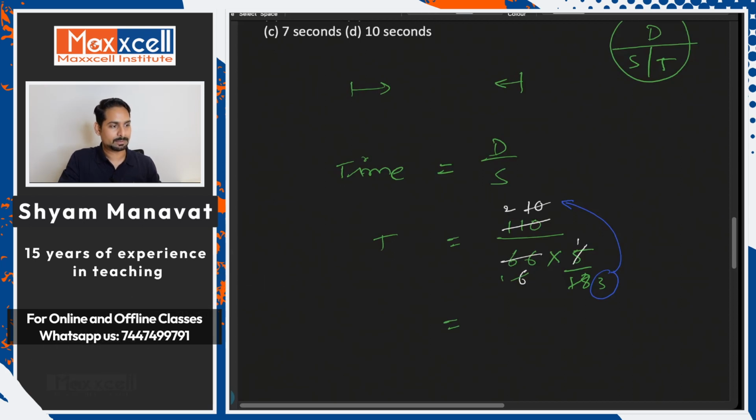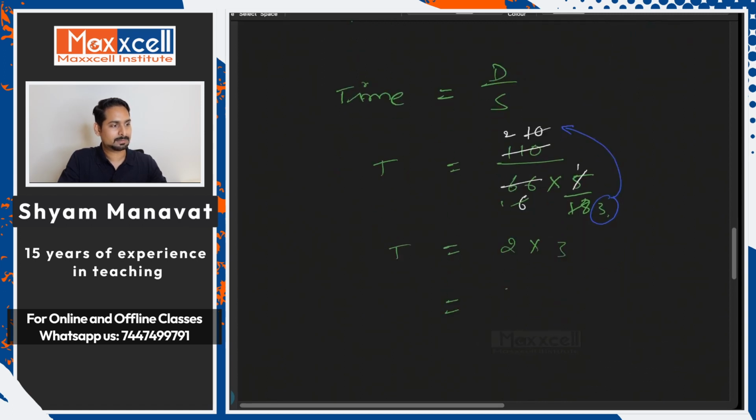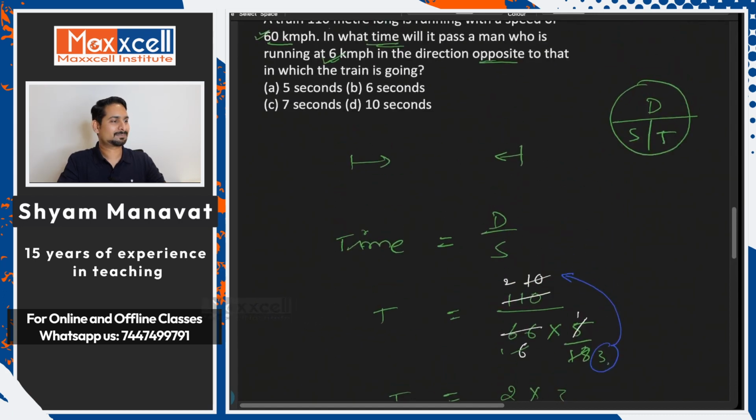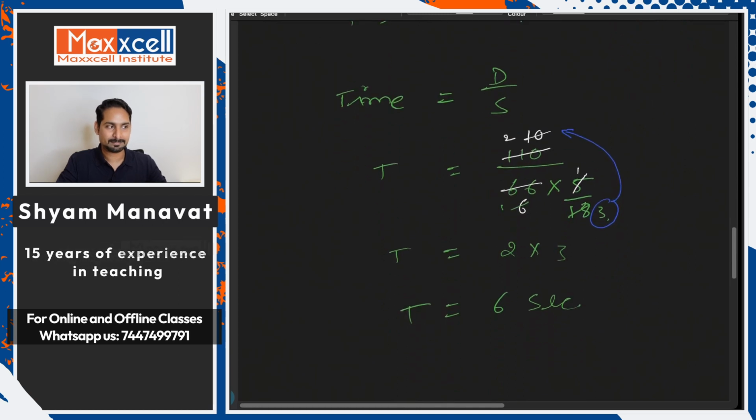So 3 in the denominator, and in the numerator you have only 2. So 2 3s are 6. It will take 6 seconds. That's your answer. I hope it's all going fine.